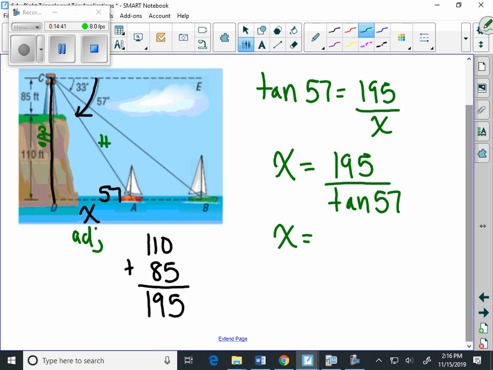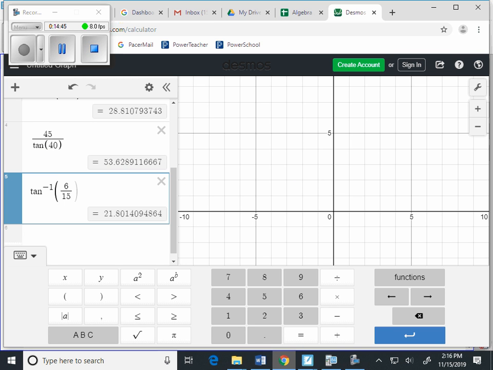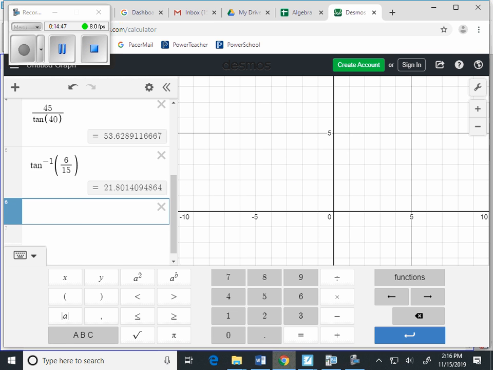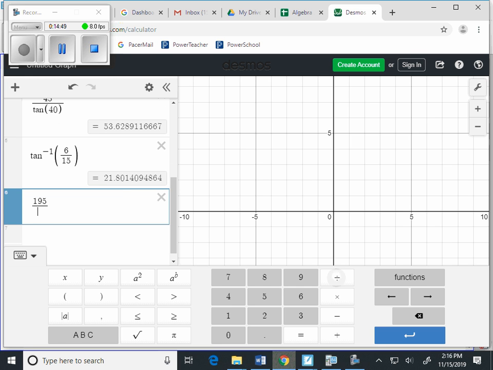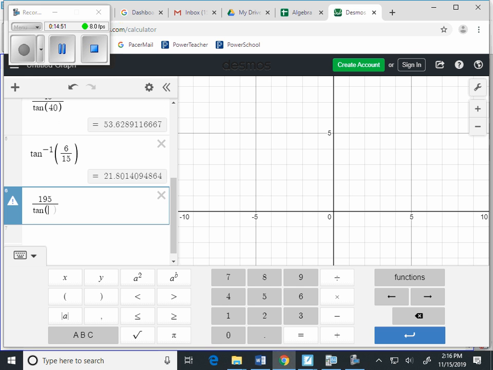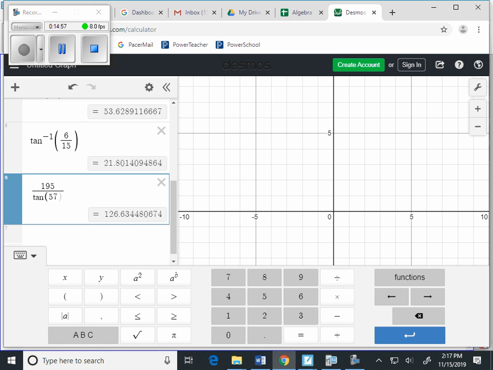And we're going to figure out what that value is by typing it into decimals. 195 divided by tangent, just tangent, not an inverse, tangent of 57, and we get 126.63, and we're going to round to the nearest tenth.